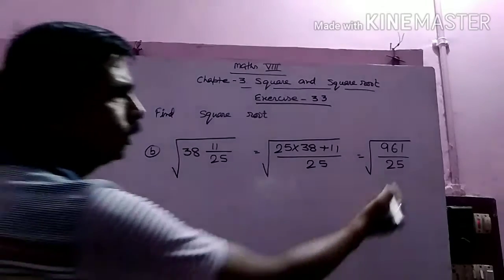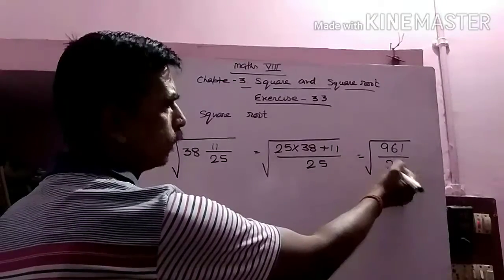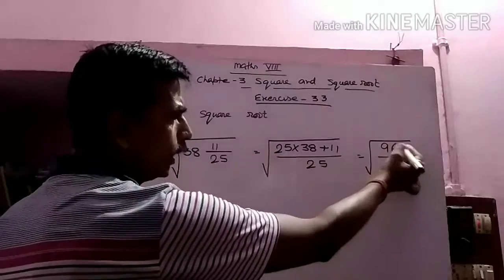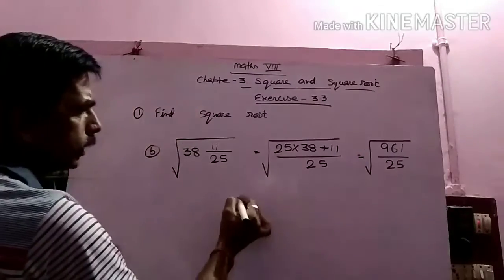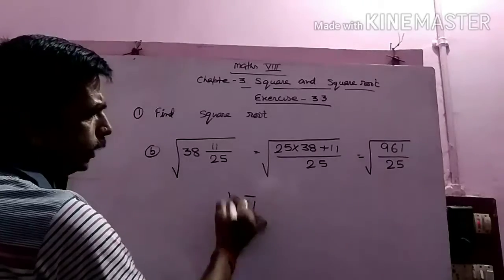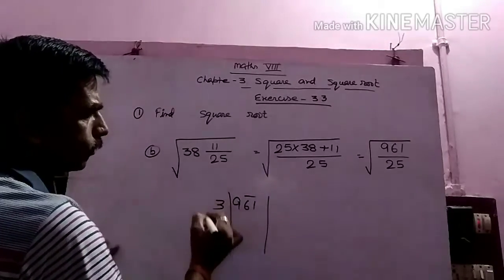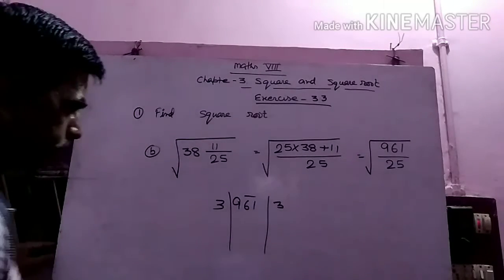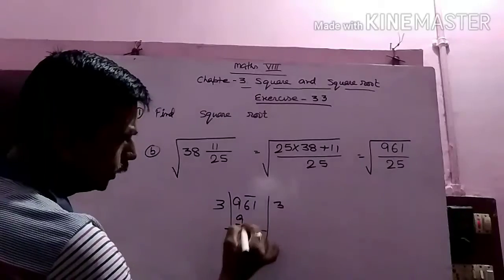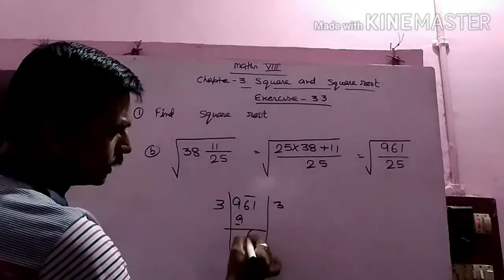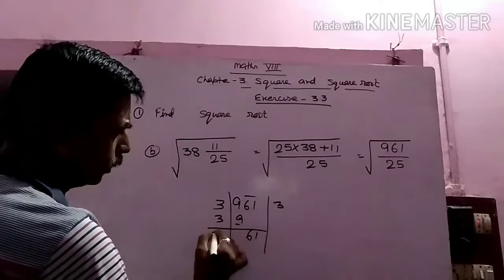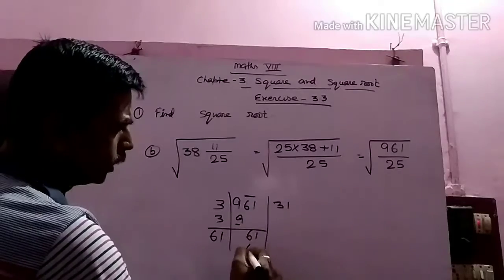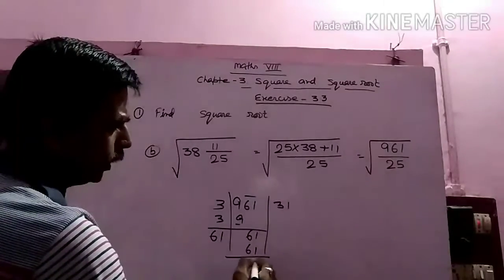As you know, 25 is a perfect square and its square root is 5. But in the case of 961, let us find the square root of it, which is 3 3s are 9. Then 61; 3 plus 3 becomes 6, and 6 1s are 6, 61 1s are 61. The remainder is 0.